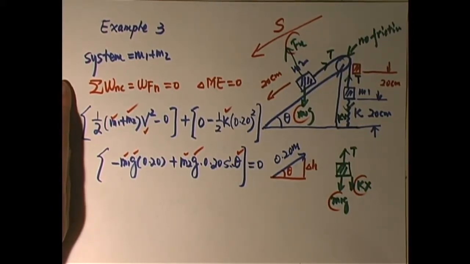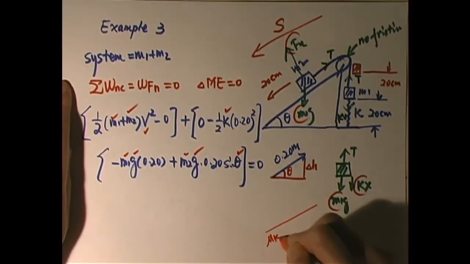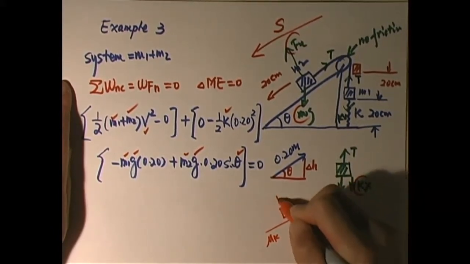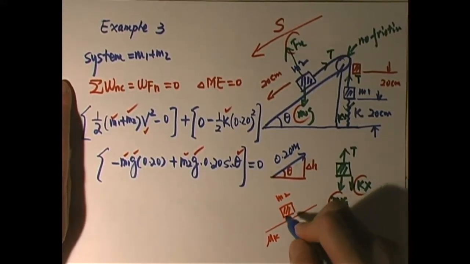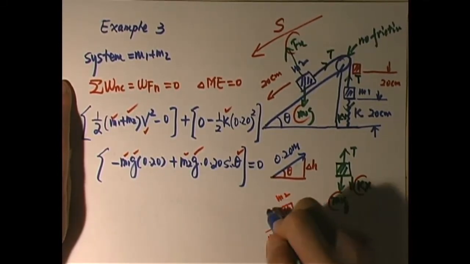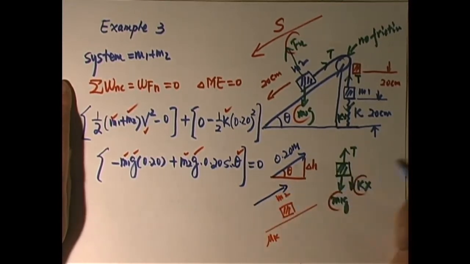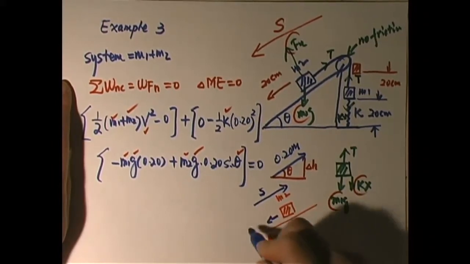Obviously, one more add on. If we do have a mu K between our block of M2 and the slope, and then when M2 goes up by 0.2 meters, that's displacement, and friction Fk is this way.